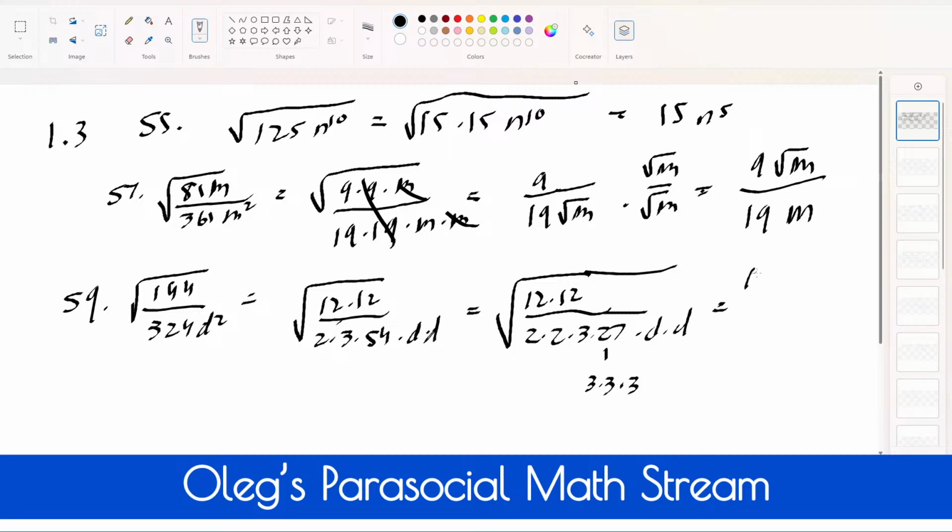So we can pull a 12 out, and then we can pull out 2 3s. So we have 4 3s and 2 2s. So you can pull out 1 2, and we can pull out 3 2s times 3, which is 12. Wait a minute, 3 times 3 is, so no, that's not 12.